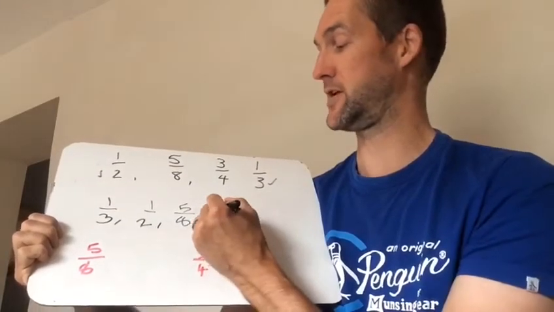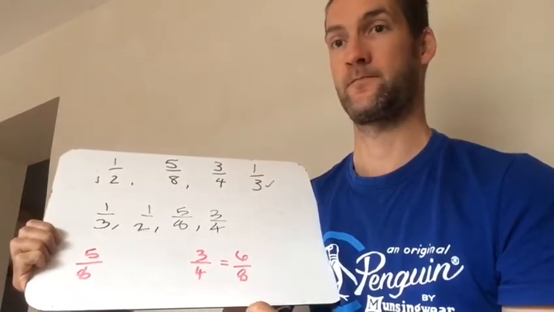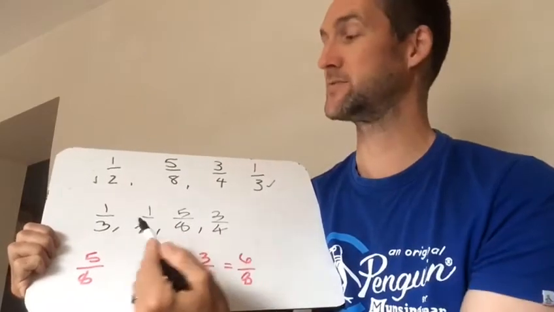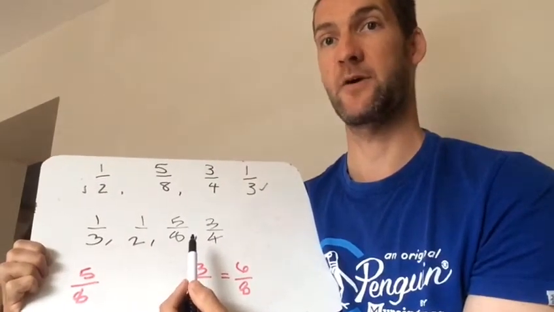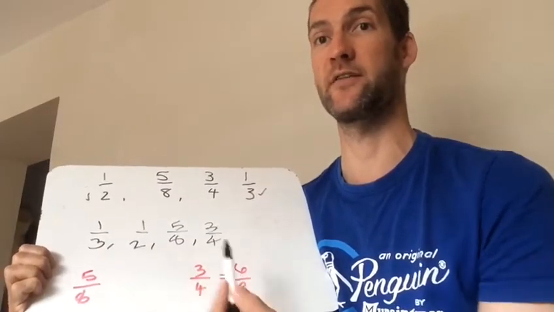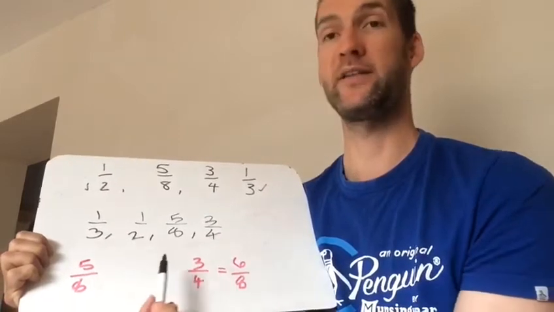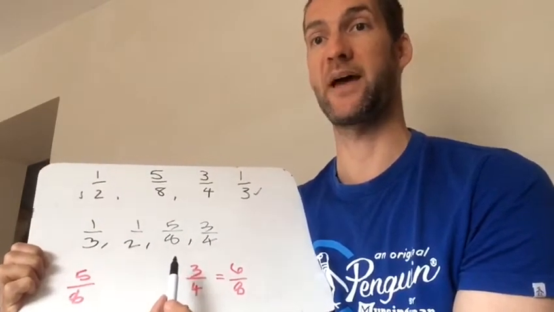So 3/4. Now, I've managed to order those fractions mathematically in the best way. Comparing to a half first to see if any is the smallest or any is the biggest. And then, when needed to, converting fractions into the same denominator to compare.